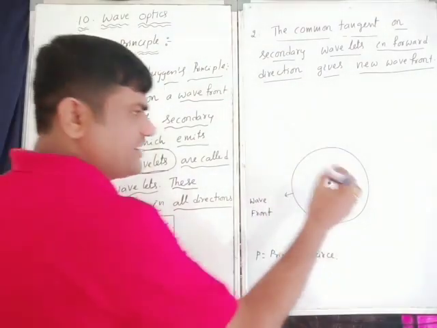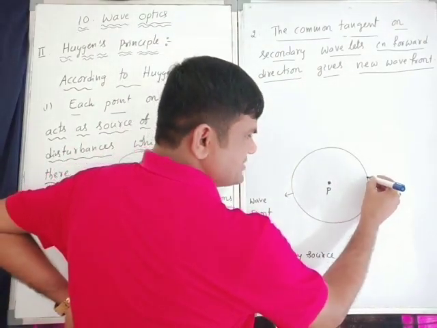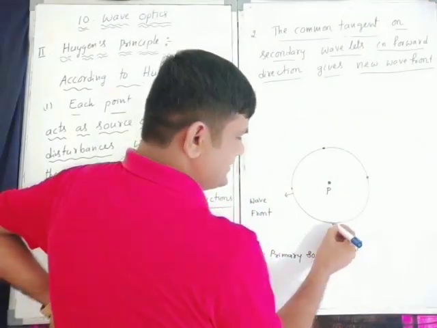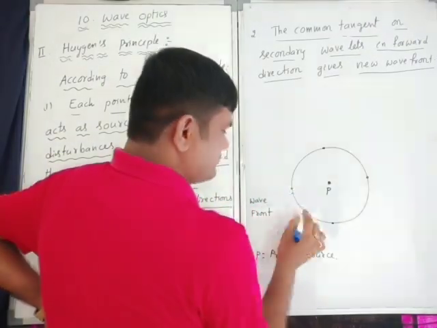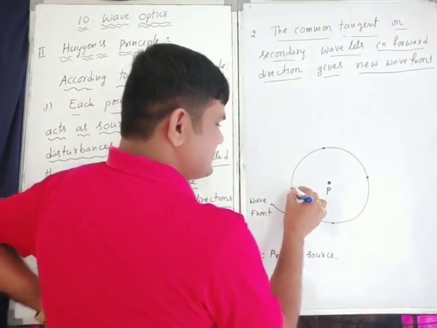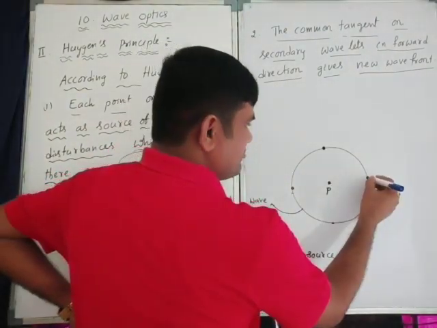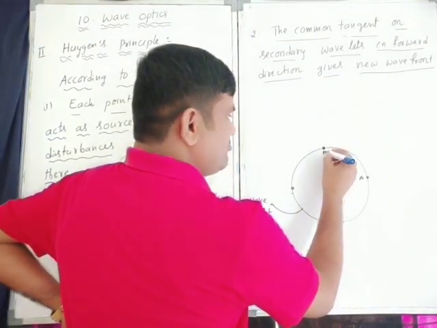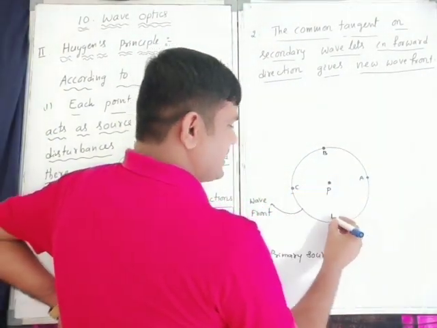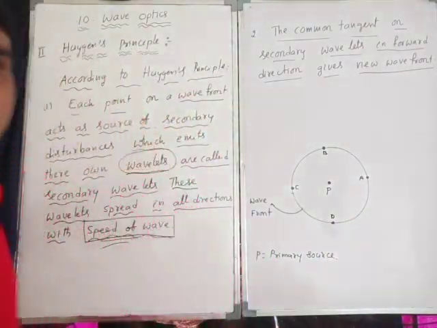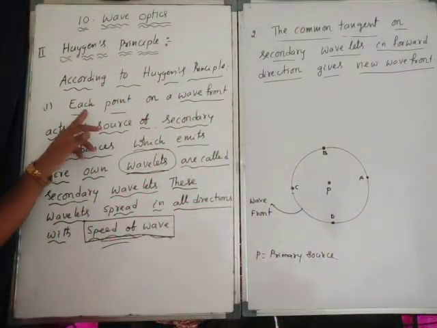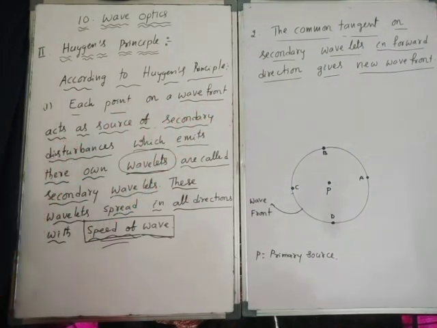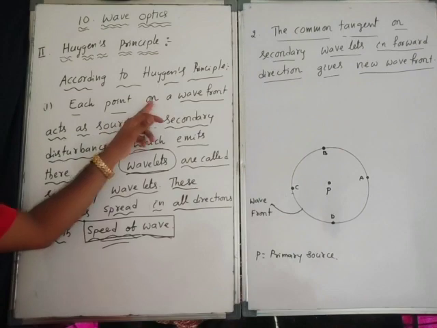Now I took one point here, a point. This is the B point, and this is C point and D point. So this is the A, B, C, D I have given. You can observe once again: each point on a wavefront.